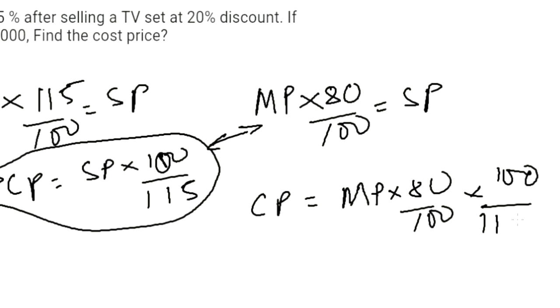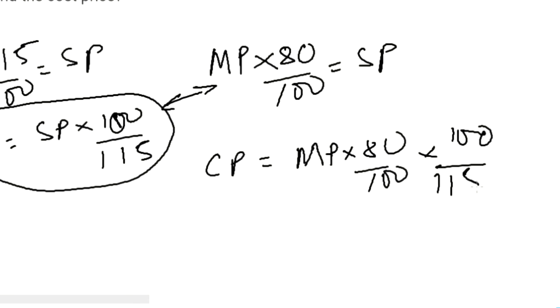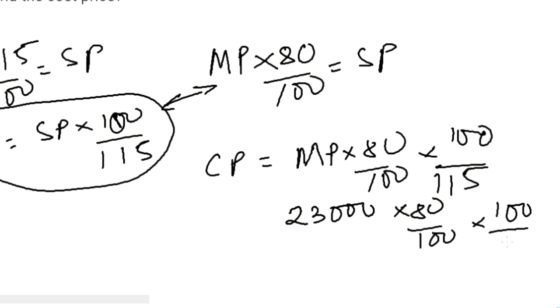MP into 80 by 100 into 100 by 115. Simple as that. So here, mark price is how much? 23,000, into 80 by 100 into 100 by 115, right?